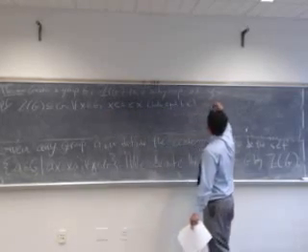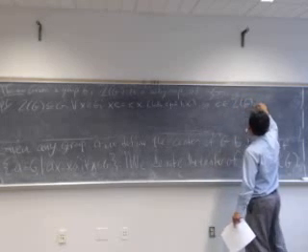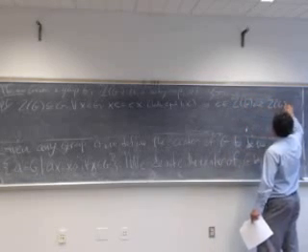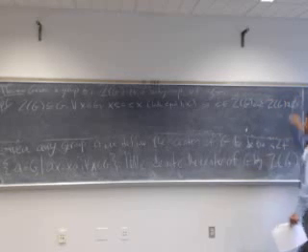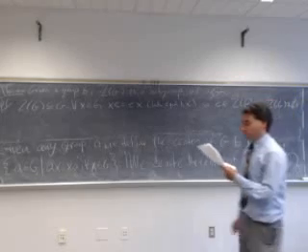That tells us the identity is in the center of G, and so the center is not empty because it's at least got the identity in there.